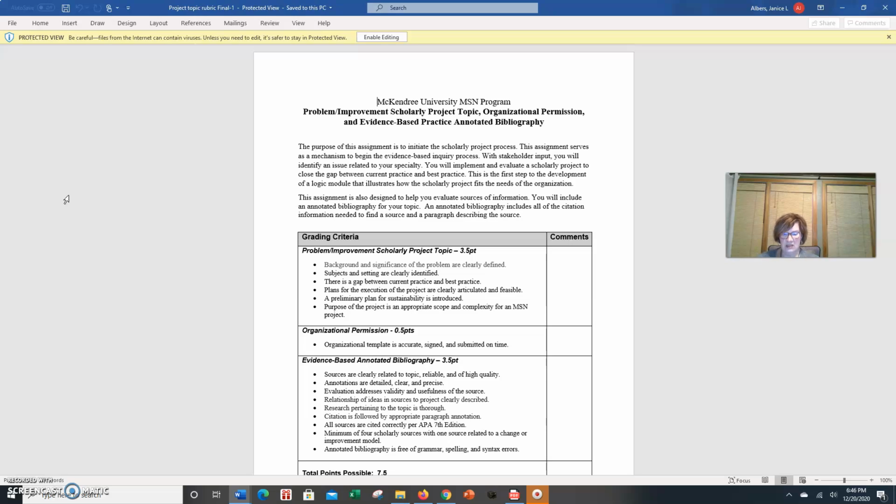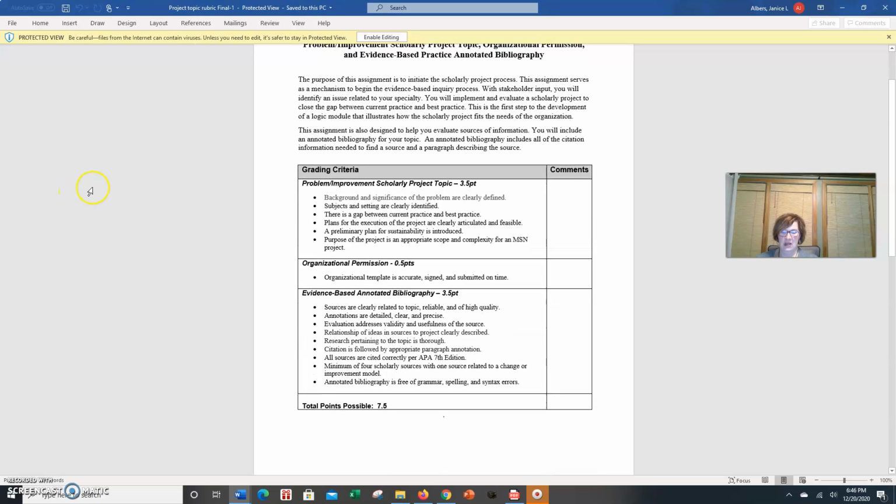So those are the things that you want to include very clearly and concisely in the paragraph about that particular source. And again, this is the background for your upcoming scholarly project logic model. So we are getting you started in the process now so that you can move forward.